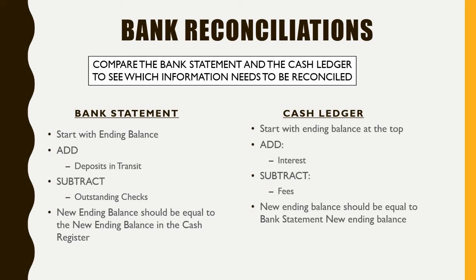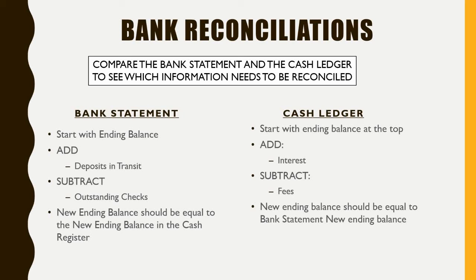And then you're going to subtract any outstanding checks. So outstanding checks means checks that were written out that have not been processed yet. So I was talking about, on our end, we know we wrote all these checks and we took it out of our checking account. On the bank side, we don't recognize those checks unless they are processed and cleared.